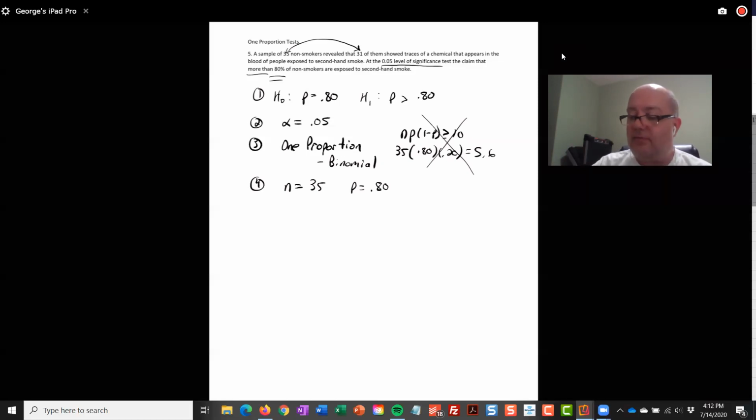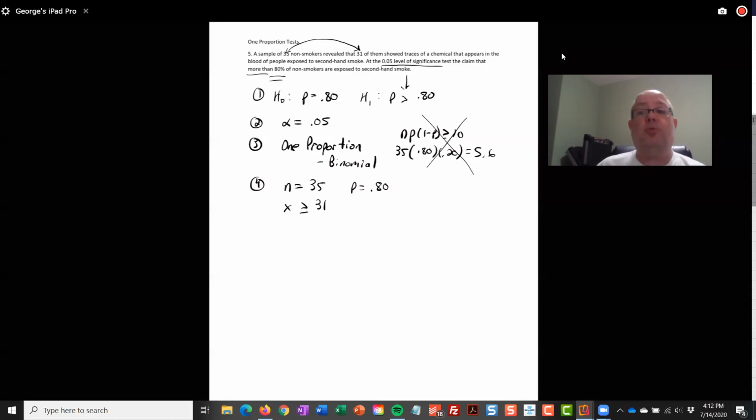And we need to have a sign and value for X. Now, the sign comes from the alternate hypothesis, except instead of greater than, we're going to use greater than or equal to, because the p-value we're calculating is the chance of finding a sample that is this extreme or more extreme. This extreme is the equal to part. And it's going to be more extreme or as extreme as our sample result, which was 31.